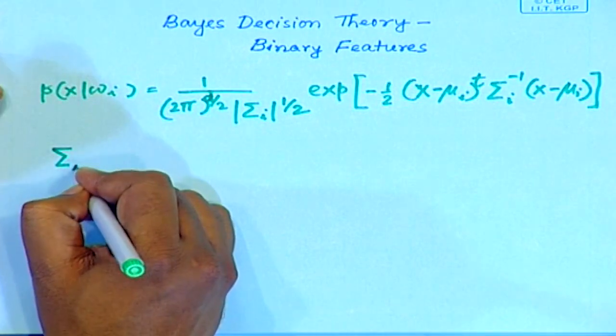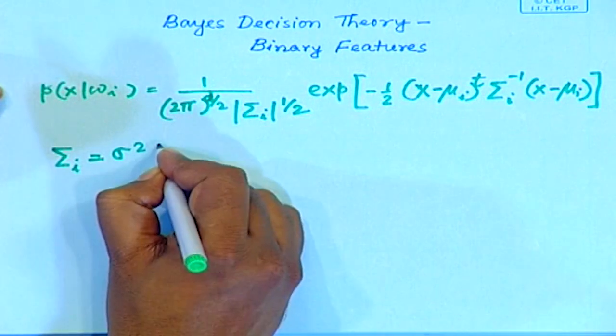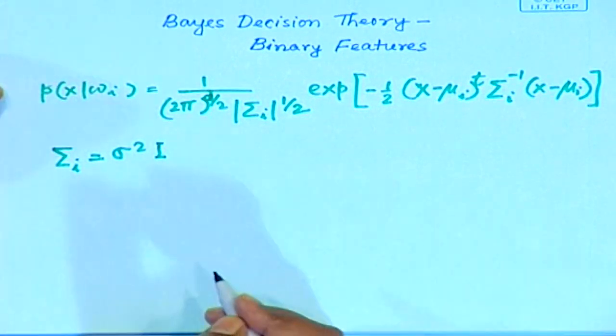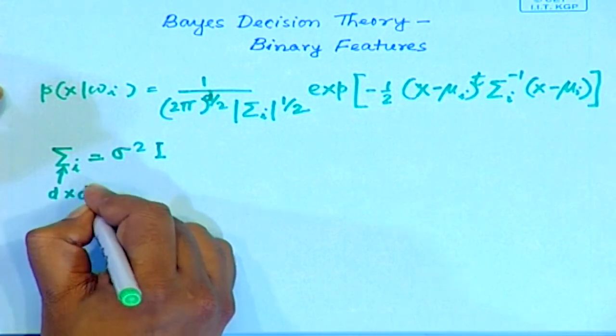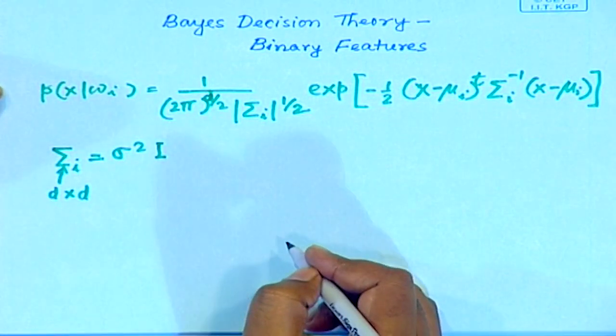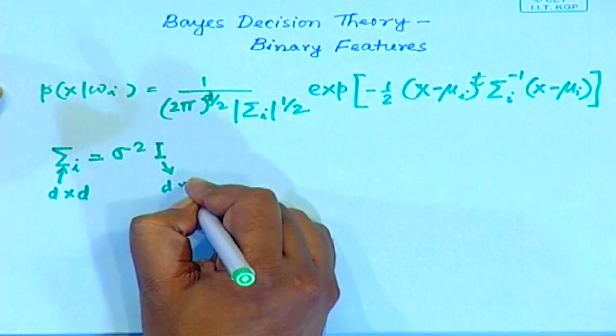i represents the covariance matrix, that for different conditions of covariance matrices we can have different types of classifier. So the first case we have discussed is if the covariance matrix for every class i is of the form sigma square into identity matrix I, where both this covariance matrix is of dimension d by d, where our feature vectors are of dimension d, and this identity matrix is also of dimension d by d.